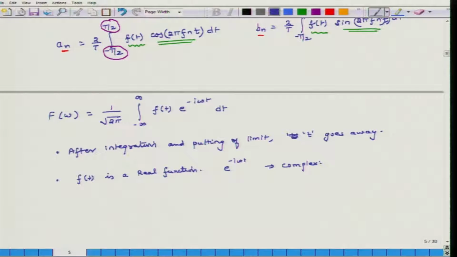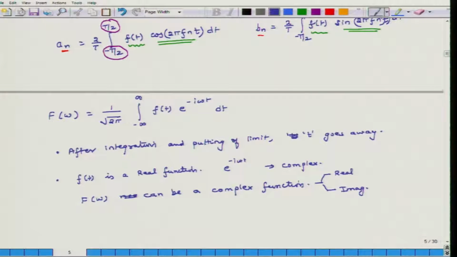So F(omega) can be a complex function. It will have a real portion and an imaginary portion.